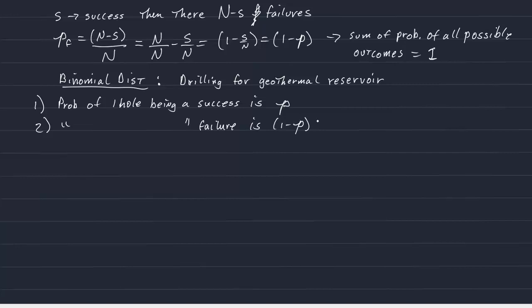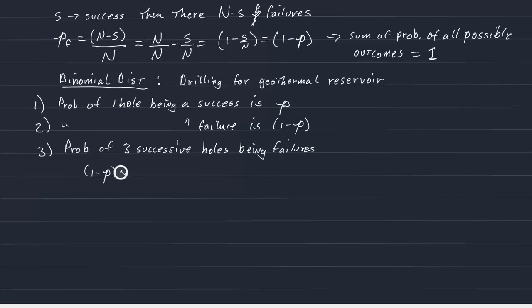So what is the probability of drilling 3 successive holes and getting 3 failures? Well, the probability of the first hole being a failure is 1 minus p.